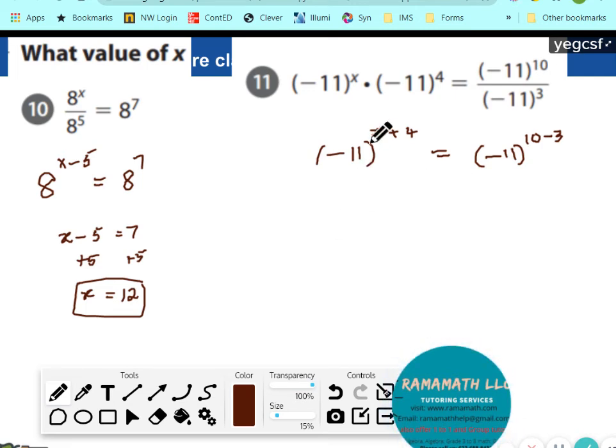So 10 minus 3, it's a 7. What plus 4 is 7? That's what you guys need to do. So that's going to be negative 11 to the x plus 4, negative 11 to the 10 minus 3, 10 minus 3 is 7. Now what plus 4 gives you 7? Put them in the chat box.